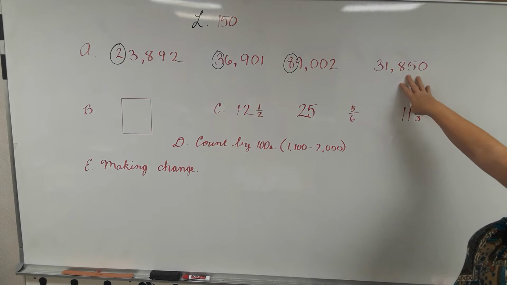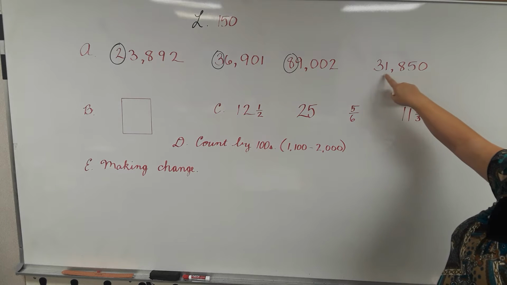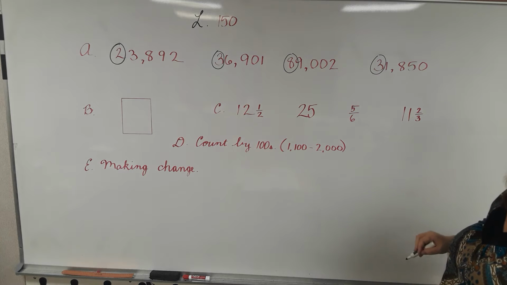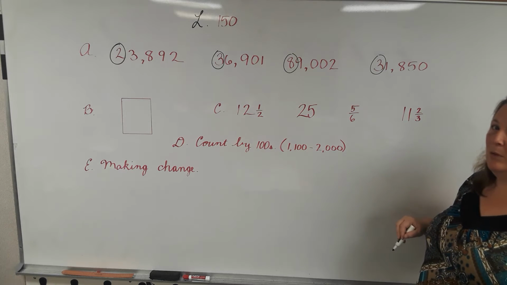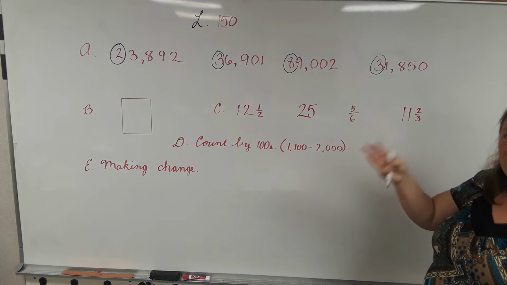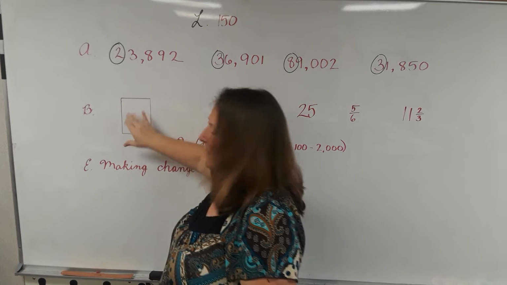Which number is in the 10,000s place? Ones, tens, hundreds, thousands, 10,000s. Three 10,000s. What does three 10,000s equal? 30,000. 10,000, 20,000, 30,000.